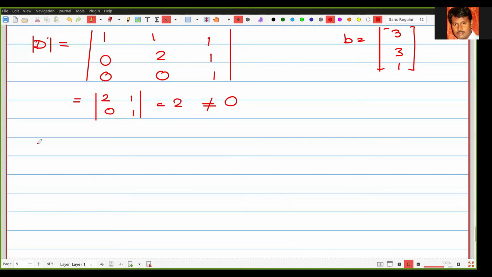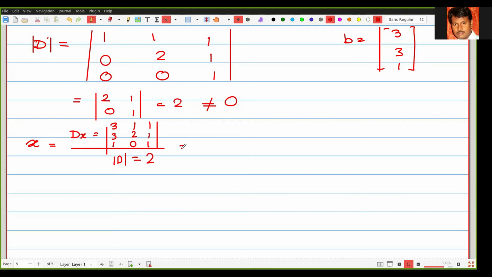So we can find the value of x according to Dx: just put the resultant column in the position of x. So the first column is replaced by 3, 3, 1, then 1, 2, 0, 1, 1, 1, and then divided by the determinant of the coefficient matrix, that is 2.